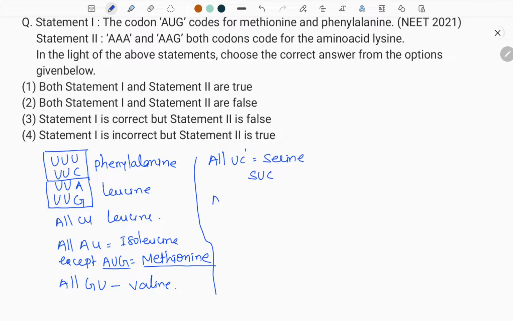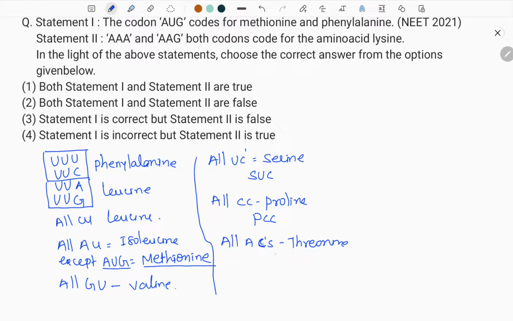Then all CCs will code for proline. I remember it as PCC, Pradesh Congress Committee. Then all ACs will code for threonine.